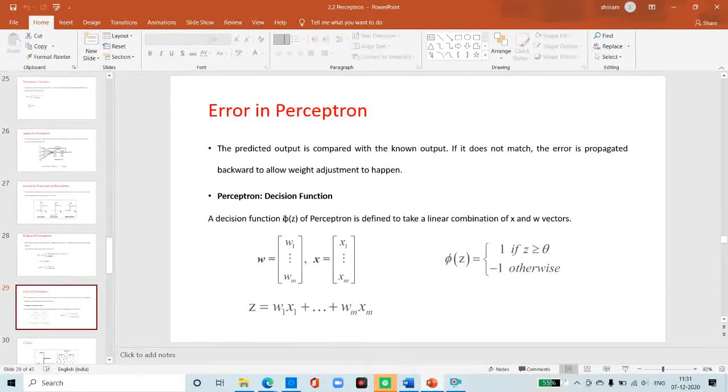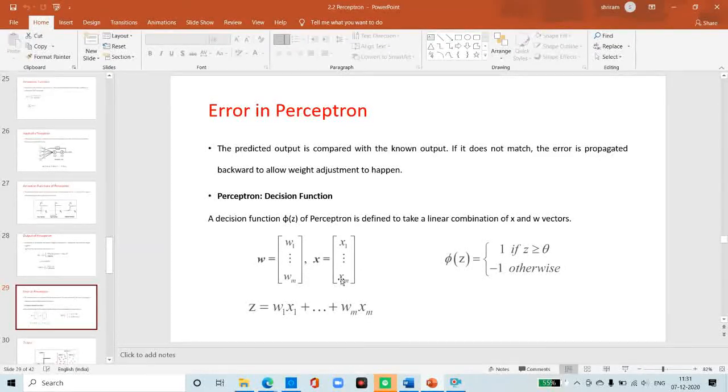So the decision function phi of z of a perceptron is defined to take a linear combination of the x and w vectors. Here W is the weight vector, W1 up to Wm, in matrix form, and X is the input vector, X1 up to Xm.